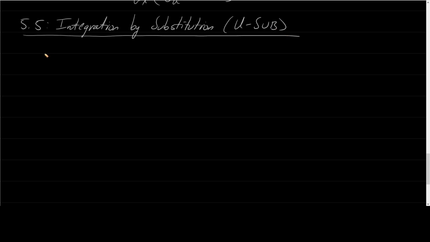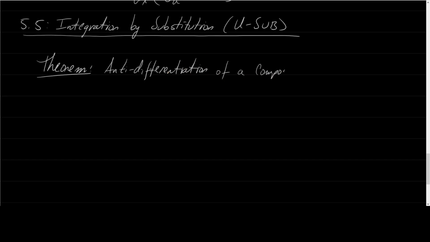And here we go. We're going to start with a theorem. And the theorem says antidifferentiation of a composite function. So that's the name of the theorem. And again, this is usually called U-substitution.